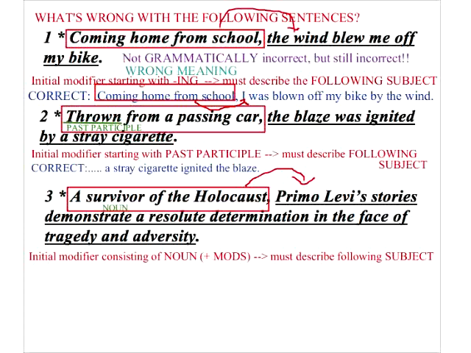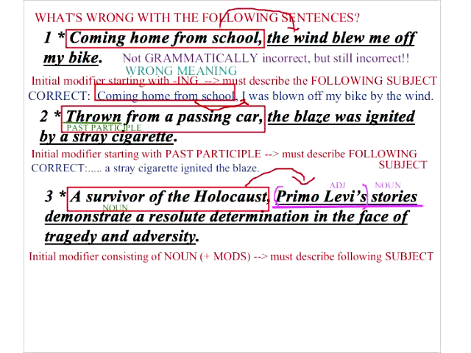Make sure you know that it's not, okay? Possessives like this function as adjectives. So what the subject here actually is, is "his stories," because "Primo Levi's" is just a descriptive adjective. So "Primo Levi's stories" is actually the subject.